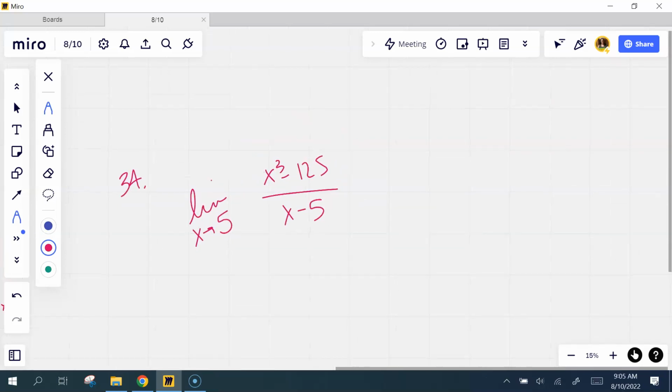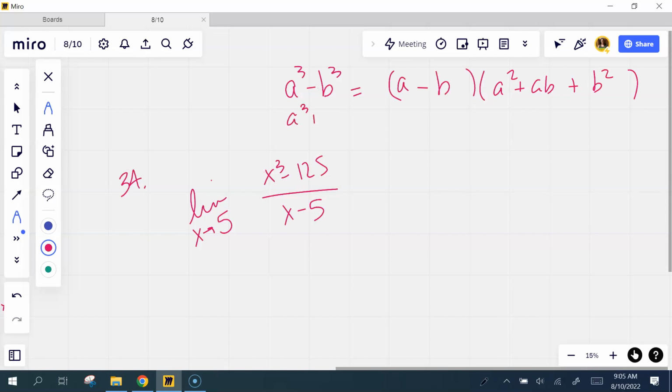If you have forgotten your sum or difference of two cubes, remember this is the one: if I have a cubed minus b cubed, then I can do little parenthesis, big parenthesis, signs are same, change plus. You do a and b, and then you use this to write your second trinomial. You do a squared, you put them together, and then you do b squared. I can do the same if it's addition, because they're cubes.